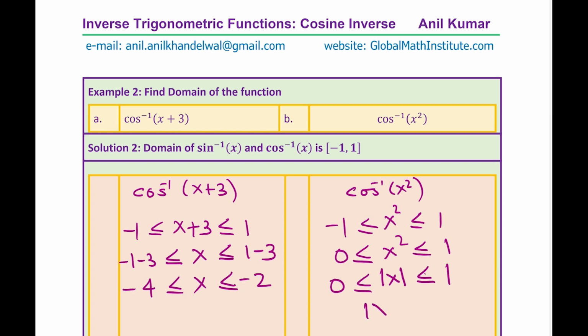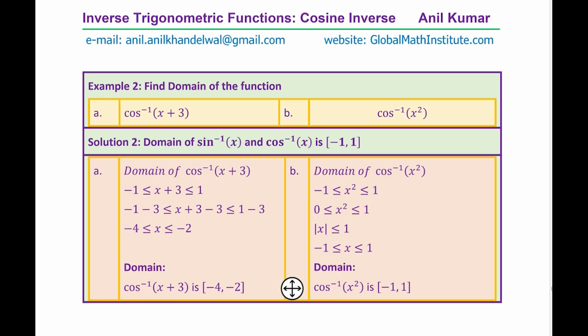So when we say absolute value of x is less than or equal to 1, that becomes the domain of the given function. That means that the value of x is within plus or minus 1, right? So that gives you the value of x between plus 1 and minus 1. Do you see that? So that is how we find the domain of this function.